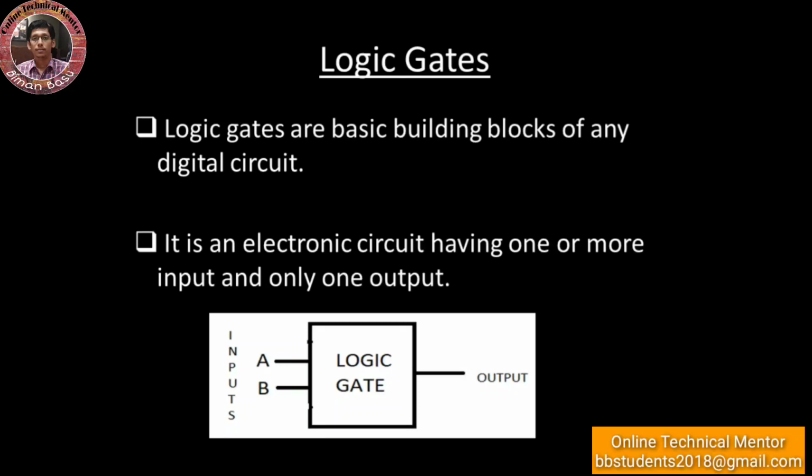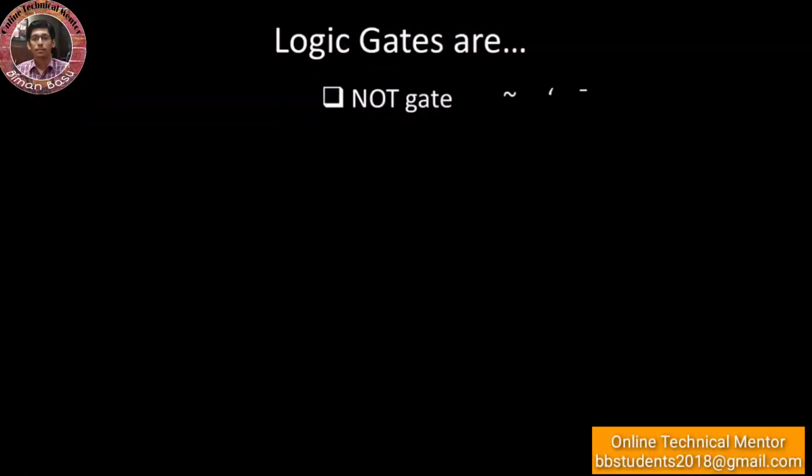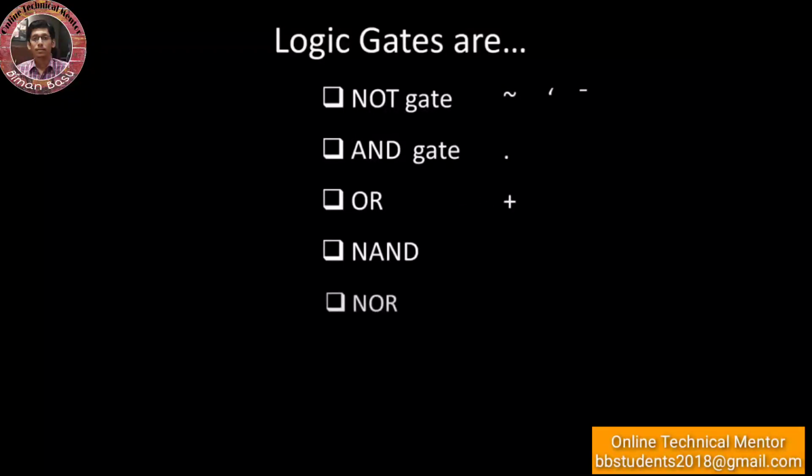Based on this, logic gates are named NOT gate, AND gate, OR gate, NAND gate, NOR gate, XOR gate, which is also called exclusive OR gate, and XNOR gate. Now the NOT gate is represented with a symbol like tilde, slash, or a bar sign.